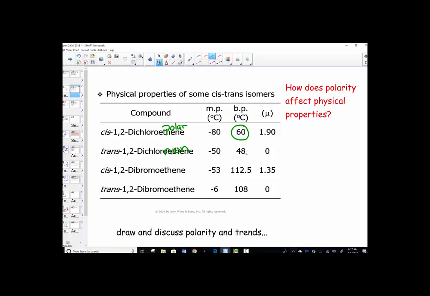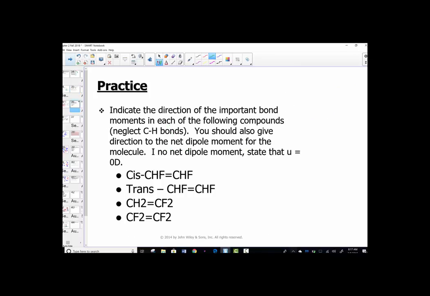It takes less energy to convince molecules that are not attracted to each other to let go and form a gas, and so forth. So that's the strategy we're about to take a little look at, and decide how these intermolecular attractions affect things like boiling points, melting points, and so forth.